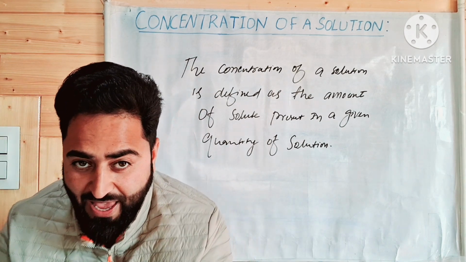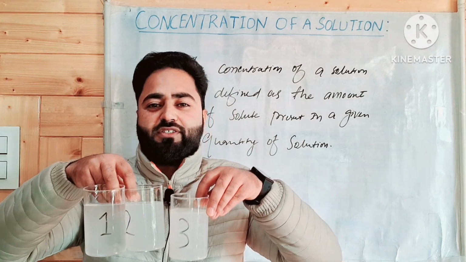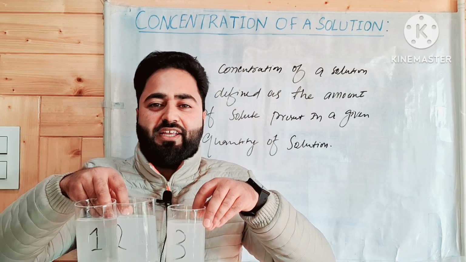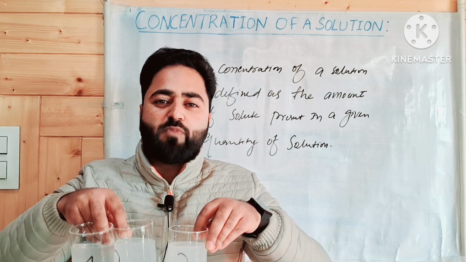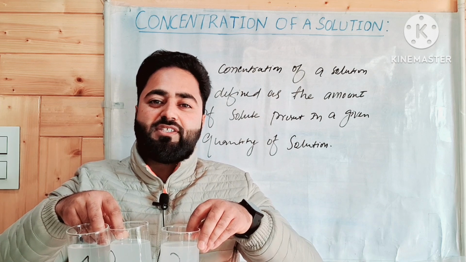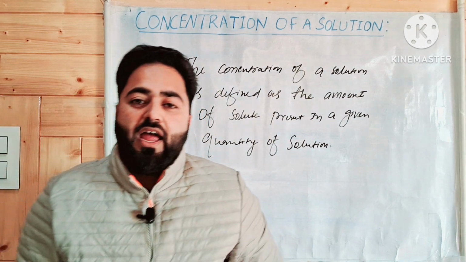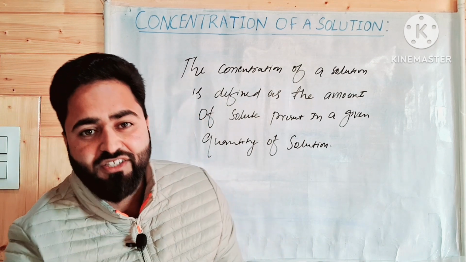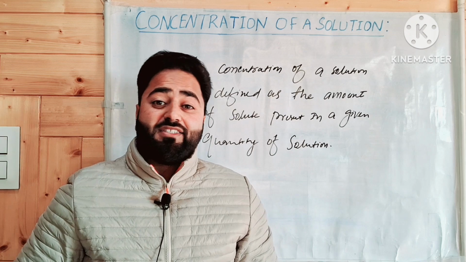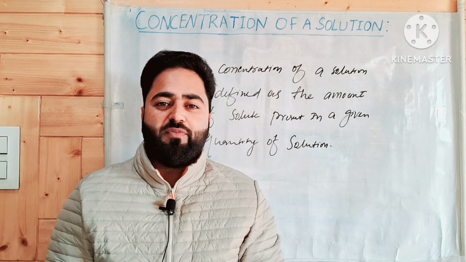Now we have 3 different solutions, and all taste different because we have different amounts of glucose powder mixed with the same amount of water, and this results in different strengths of a solution. The strength of a solution is also known as the concentration of a solution.